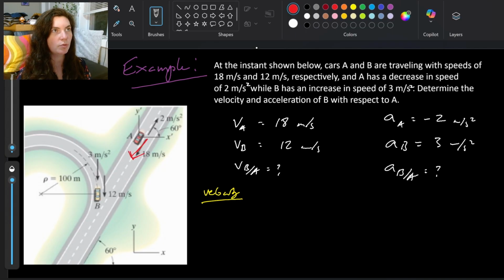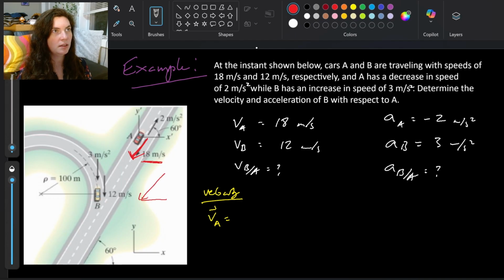It's moving straight on this road at 18 meters per second. And I have an XY coordinate system where this road is at a 60-degree angle. So when I'm breaking down this velocity for A into the vector form, I kind of put this in like a little triangle for perspective.